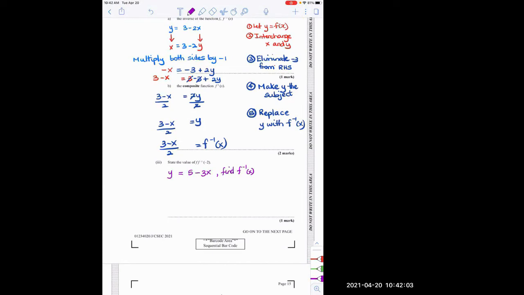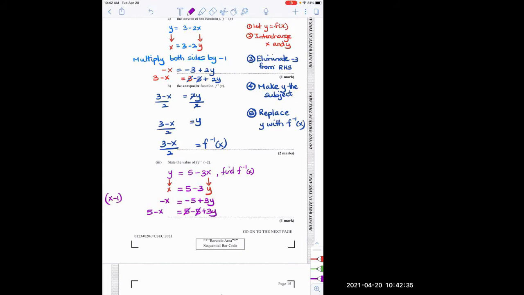So the first thing we do, we change y to x and we change x to y. Everything else remains the same. Then we multiply by -1. So negative x is equal to -5 plus 3y. Then we remove 5 from both sides. 5 minus x is equal to 5 minus 5 plus 3y.